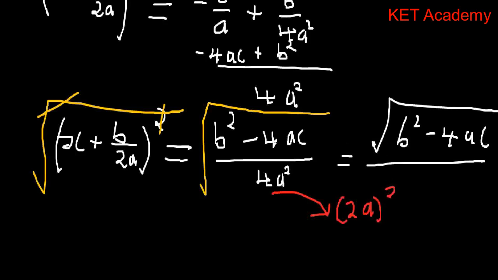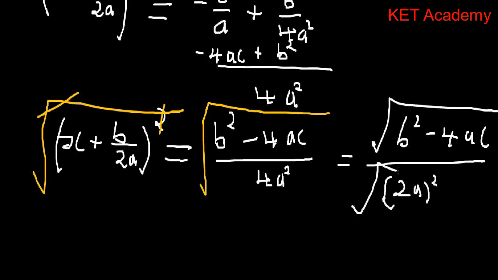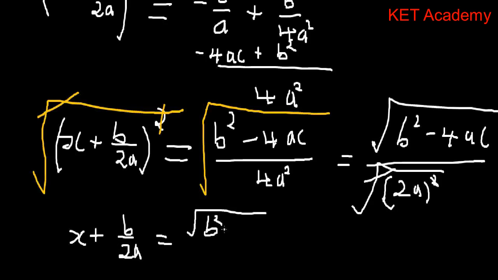So our new 4a squared will be of the form 2a, now all that squared, and now the square root will simply cancel. So we'll be left with x plus b on 2a to be equal to the square root of b squared minus 4ac all over 2a.